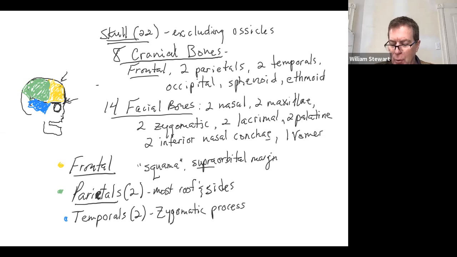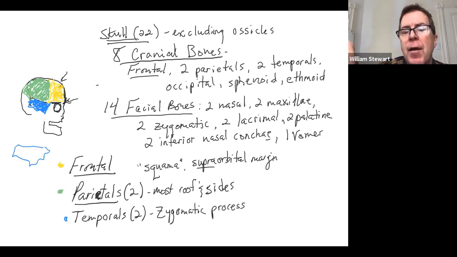The temporal process of the zygomatic bone. So if I expand this picture of my parietal bone here, of my temporal bone, there is a piece of bone that sticks out from it like this, that meets with, I'm going to have to draw it in black up here, that meets with a process from the cheekbone up here to form this ring, this arch of bone that sticks out from our skull, okay?